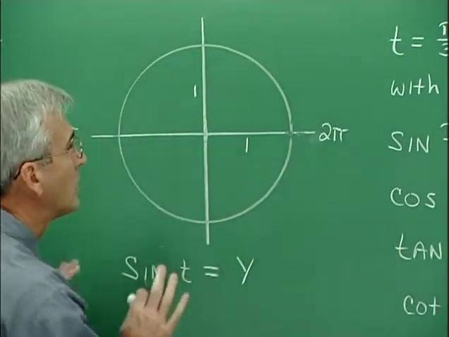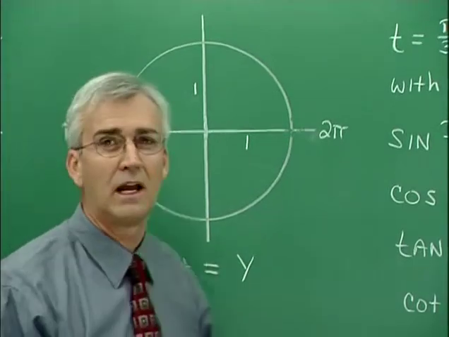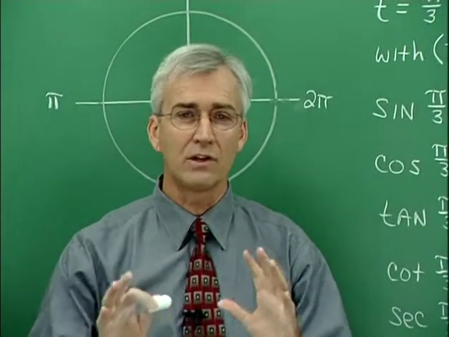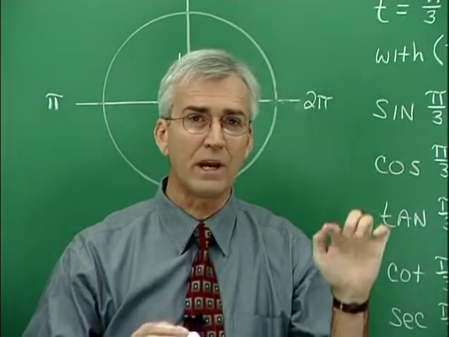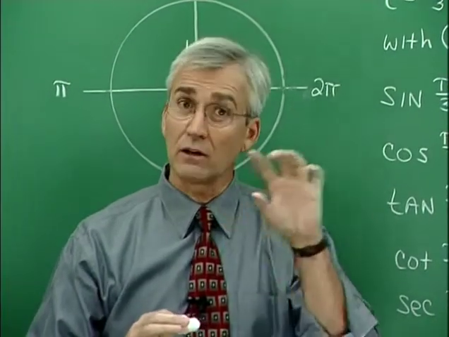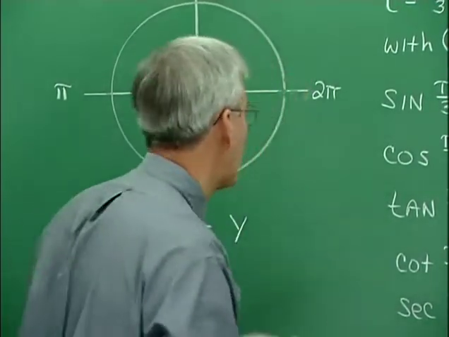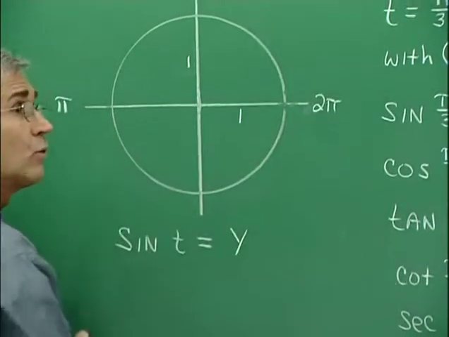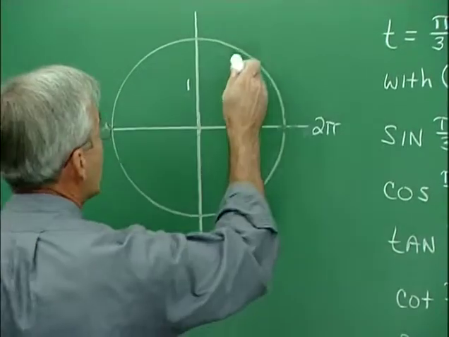And this is called periodic behavior. And this kind of behavior occurs with all of the trig functions. That we have this notion of it going through a period, through a cycle, if you will, and then the cycle simply repeats.